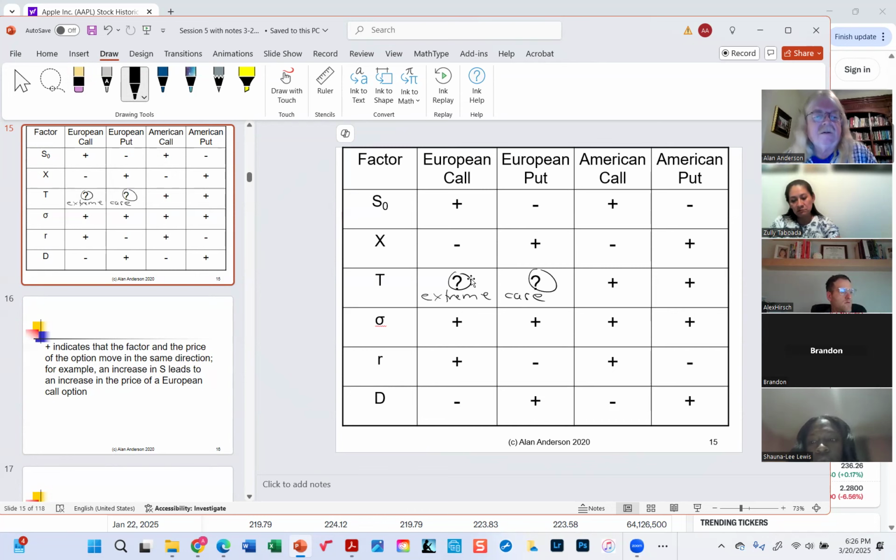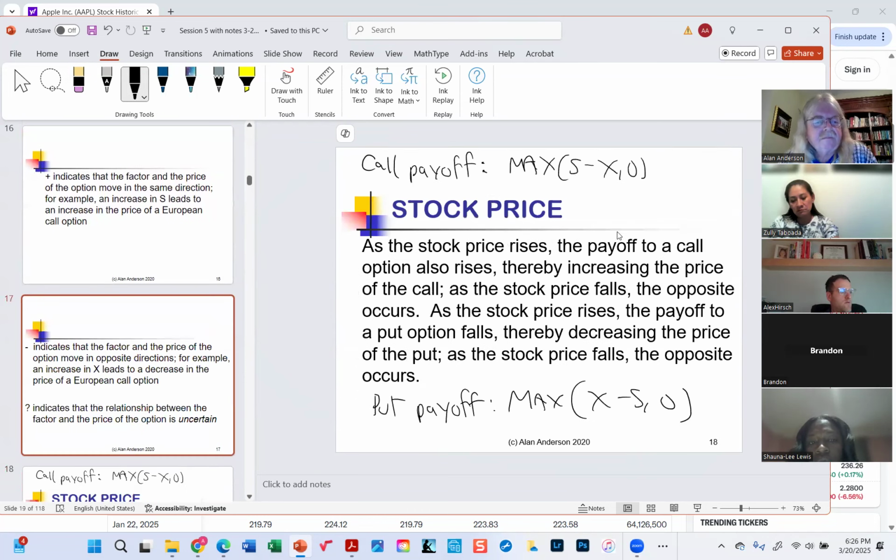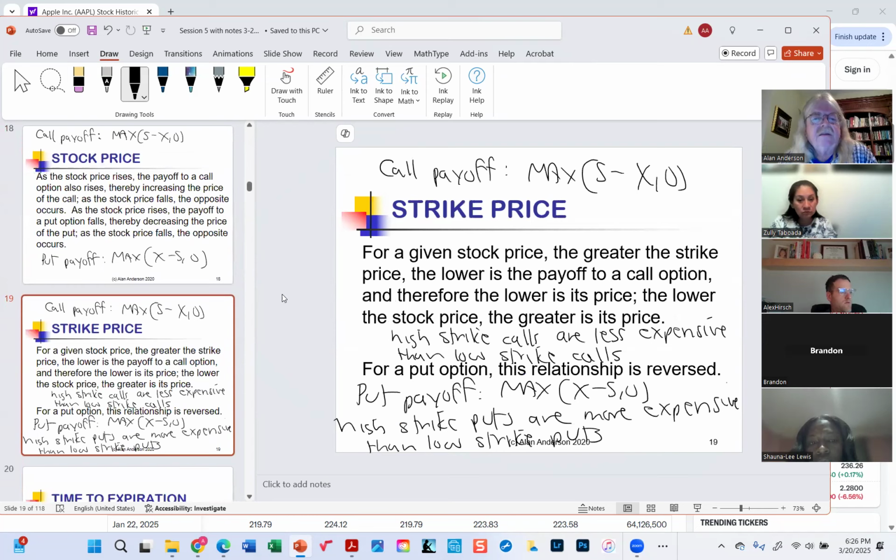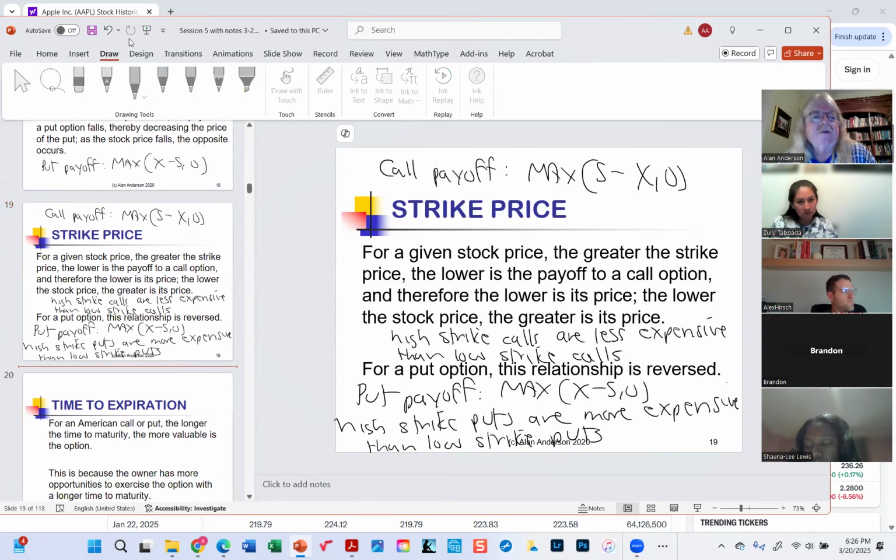Okay, so the stock price. If you remember with a call, the payoff is the maximum of S minus X and 0. Okay, let me add that to a new slide. It's getting a little cluttered here.